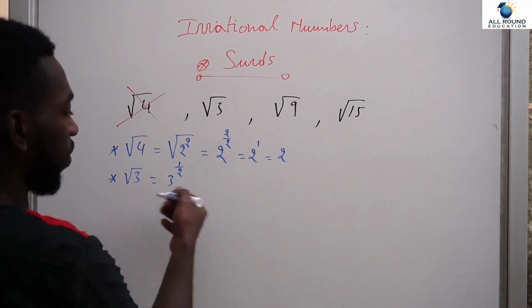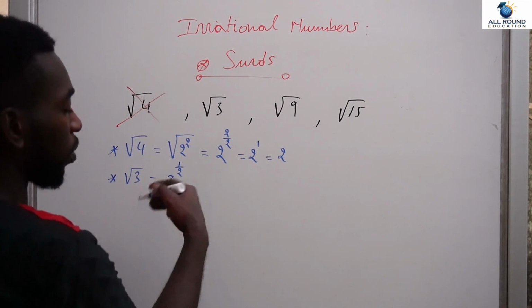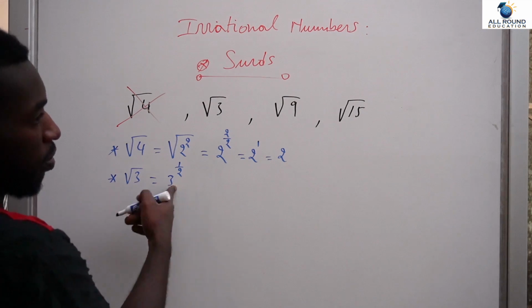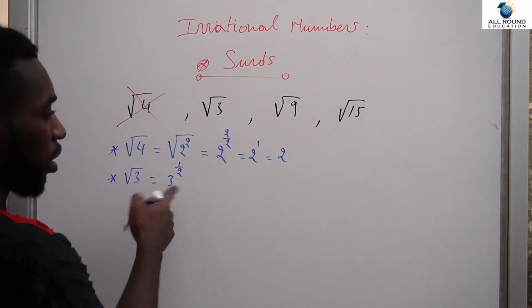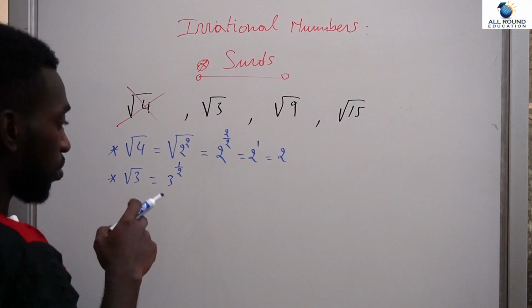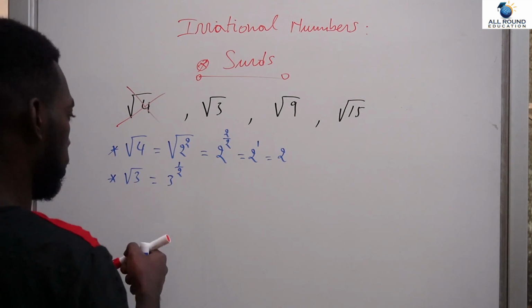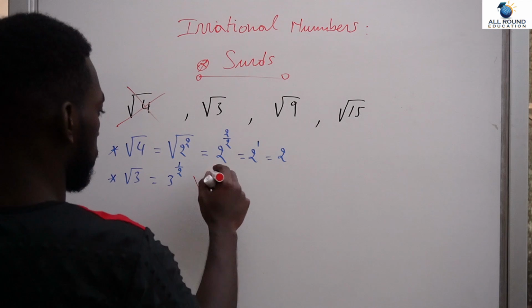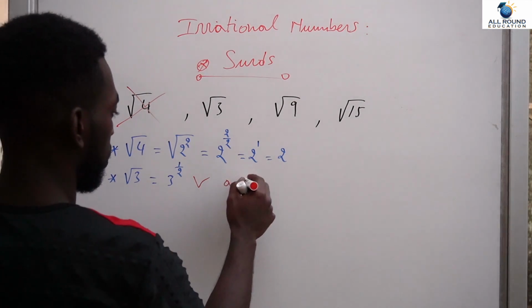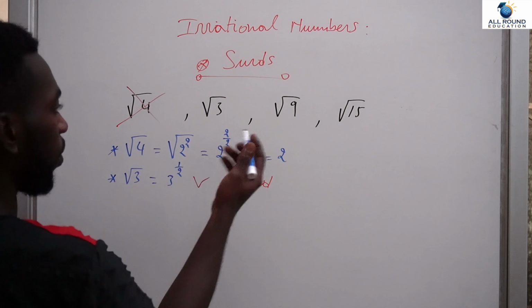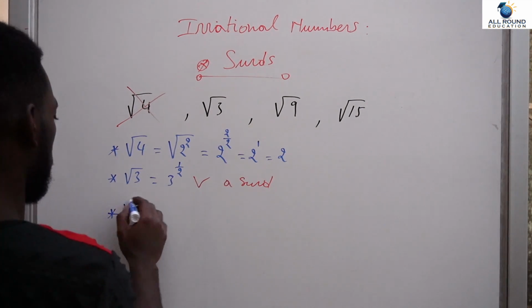You can't evaluate this exactly without getting a decimal or an approximation. So this is the exact value, but if you put it in your calculator, you get an approximation of this number. Therefore, this is a surd.